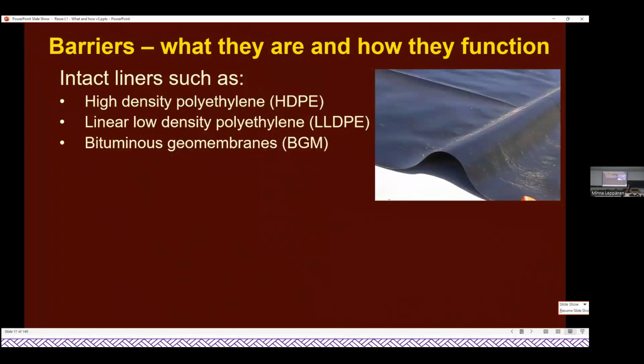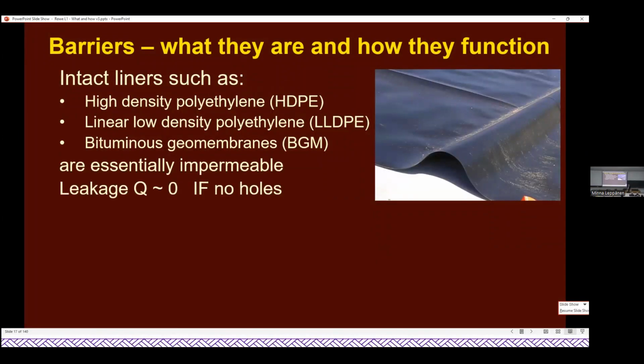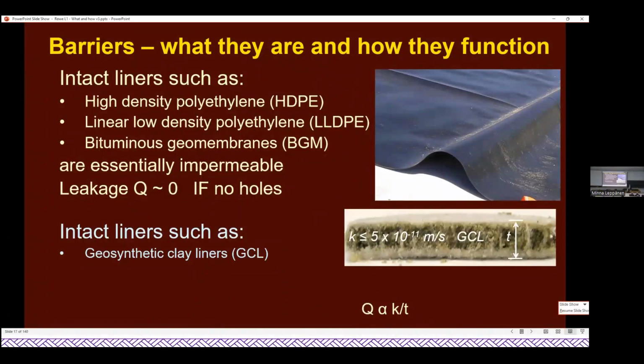So we have your traditional HDPE, we have linear low density polyethylene, we have bituminous geomembranes, and in all of those cases, they are essentially impermeable. The leakage through the intact material is effectively negligible. We'll come to how they do leak in a moment, but let's contrast those three liners with a geosynthetic clay liner, which is not impermeable.